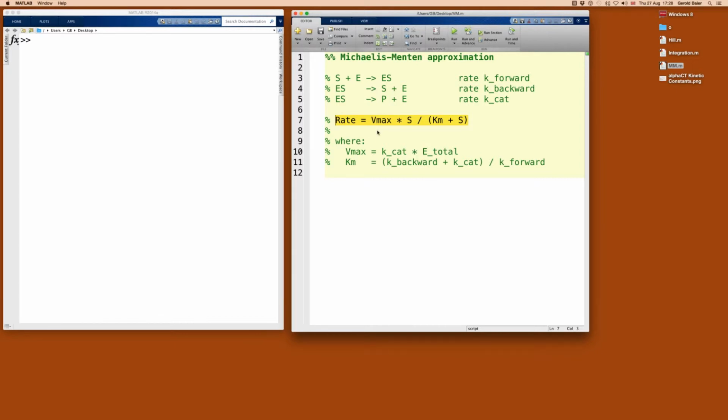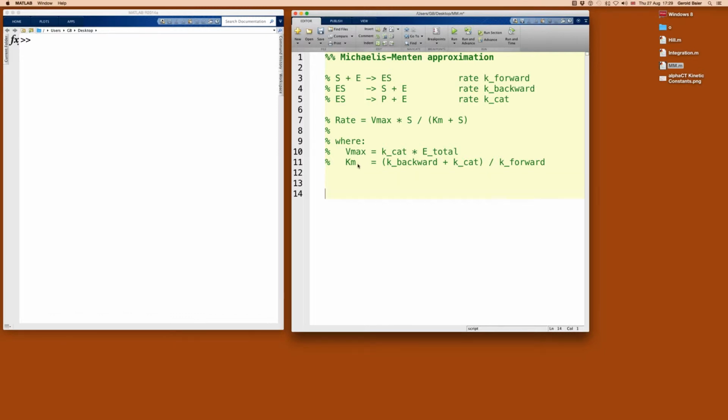So in this equation we have two constants and the concentration of the substrate. So Vmax, which is equal to the catalysis rate, kcat, times the concentration of enzyme, and Km, which is a constant derived from effectively the rates taking you away from the enzyme-substrate complex, so k backwards plus kcat, the catalysis rate, over the forward rate of production of the enzyme-substrate complex from the original equation.